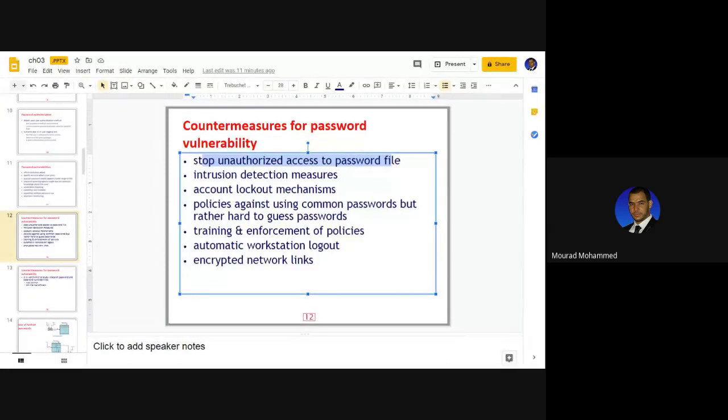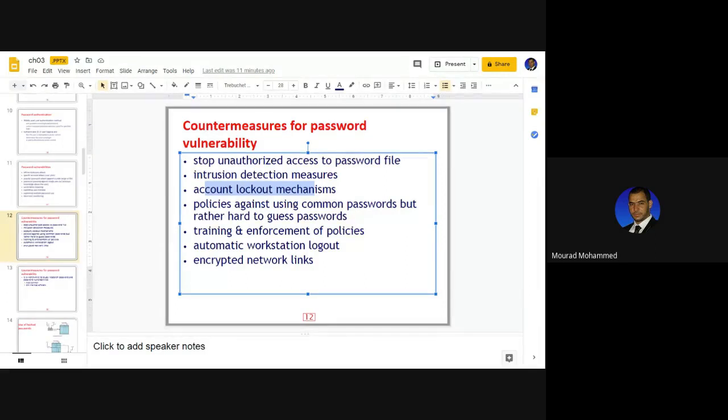Intrusion detection measures. Any trial to access the system or environment without being authenticated, there have to be measures to block that. Also, measures to fully block the account if there are failures.